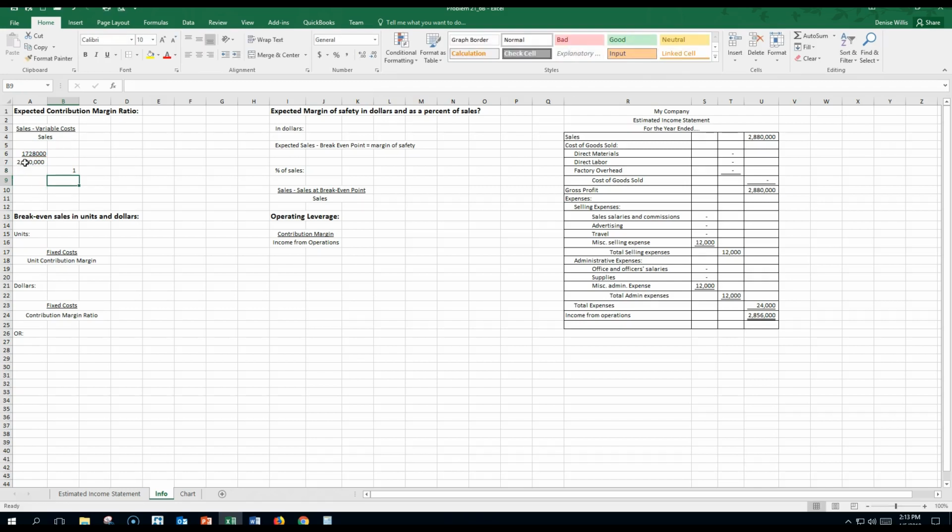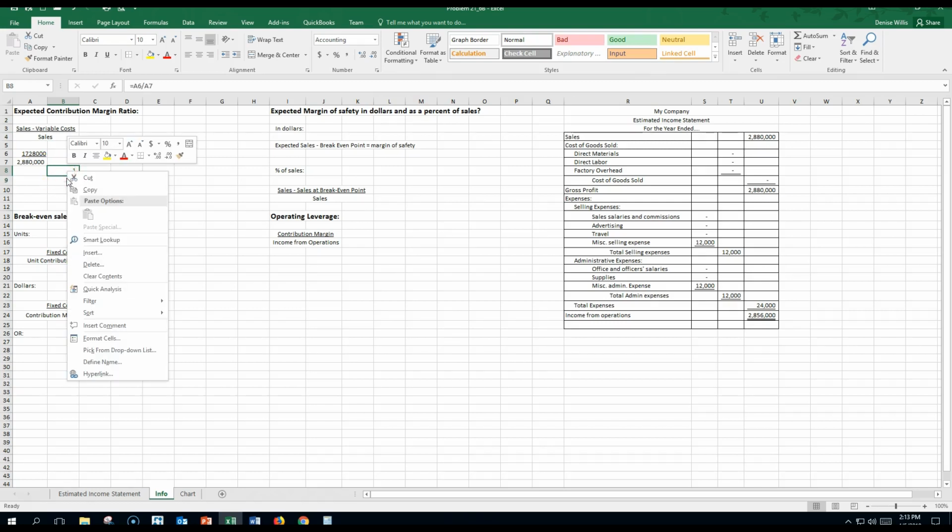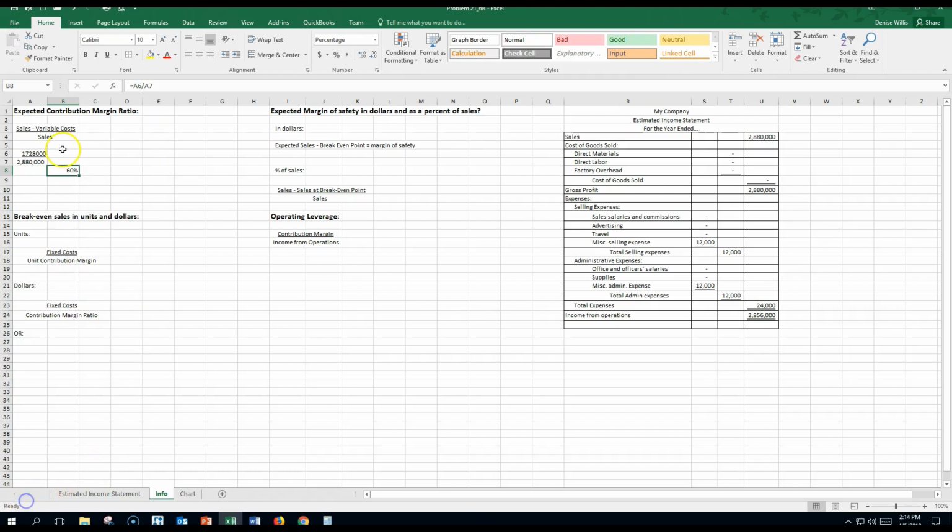And I don't think that's right. Oh, it's because it's formatting this wrong. We need to make this a percent. Let me pause and I'll format it. Okay, 60%, bottom line, is the answer there. Once I formatted it to show that it was a percent, that's this number divided by this number. So again, sales minus variable cost divided by sales is the expected contribution margin ratio, and there it is, 60%.